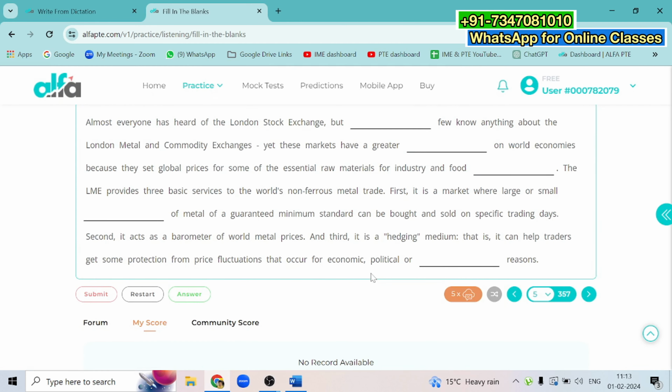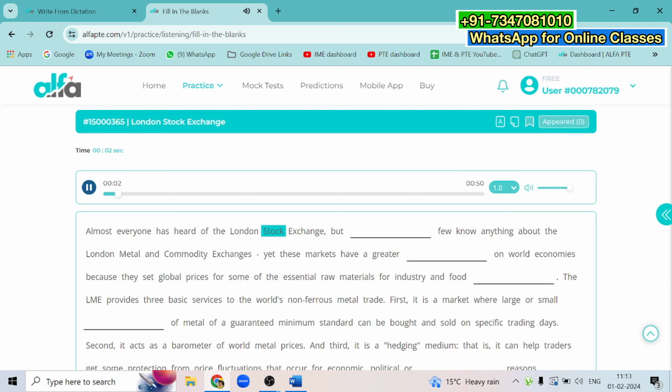For example, let's take this. Almost everyone has heard of the London Stock Exchange, but relatively few know anything about the London Metal and Commodity Exchanges. Yet these markets have a greater influence on world economies because they set global prices for some of the essential raw materials for industry and food manufacture. The LME provides three basic services to the world's non-ferrous metal trade.